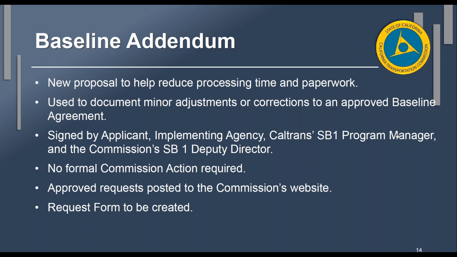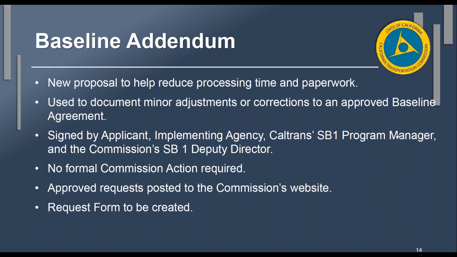So I need to think about that. But given that the actual program guidelines say no schedule changes unless there's a time extension, that's a concern for me. Again, I'll think about it and have some more conversations in-house with the program managers here at the commission, and we'll see what we can come up with.